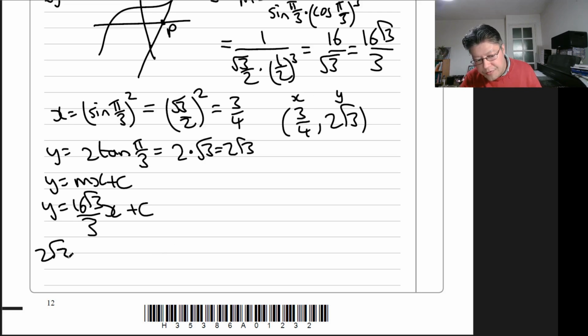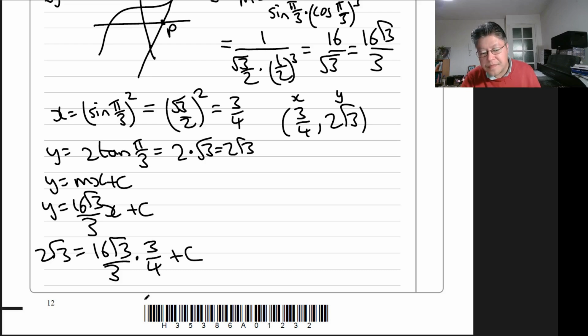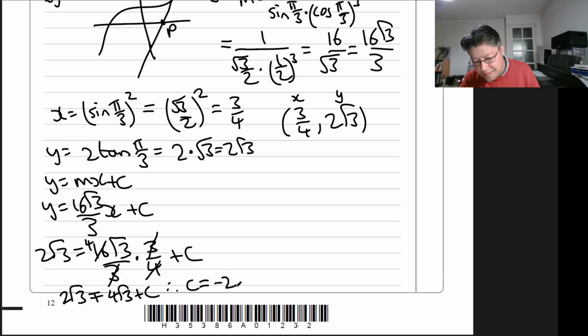So we get 2 root 3 equals 16 root 3 over 3 times 3/4 plus c. So we can just work out c. The 3's cancel. The 4 and the 16 cancel, and that gives us a 4. So that gives us 2 root 3 equals 4 root 3 plus c. So therefore c should be minus 2 root 3.